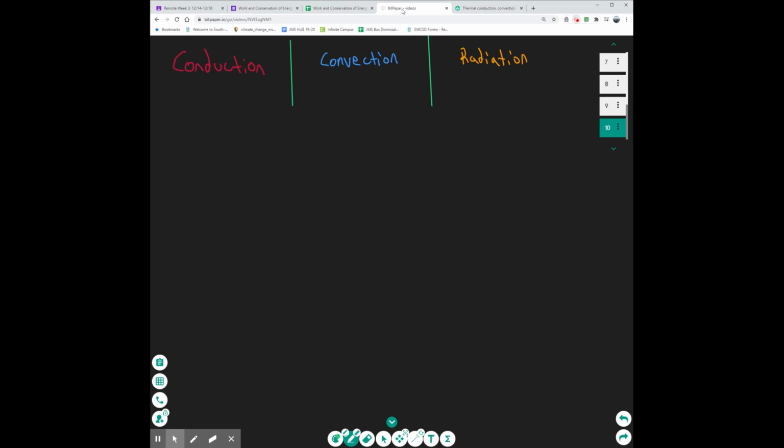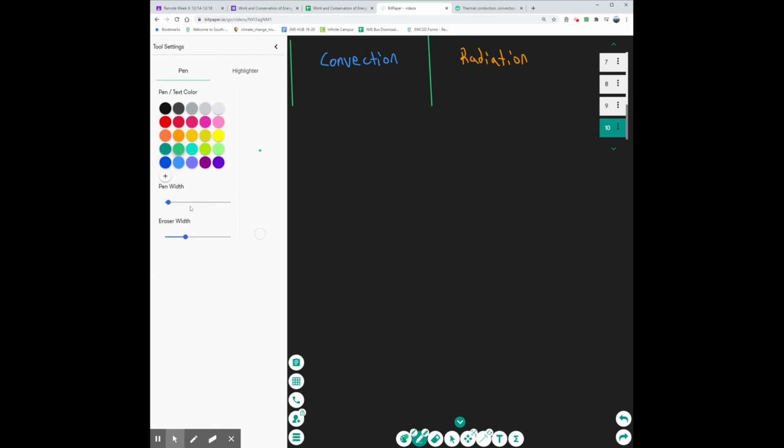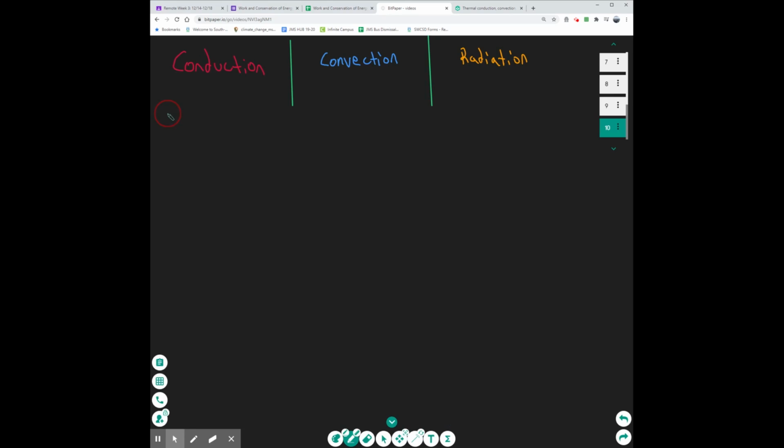Okay, so conduction has to do with particles directly bumping into each other. So let's say that we have some molecules or atoms and they are moving, right? Molecules or atoms or particles in the air or particles in anything, a solid, a liquid, a gas, anything. They're moving around in random directions and they're going to bump into each other, right?